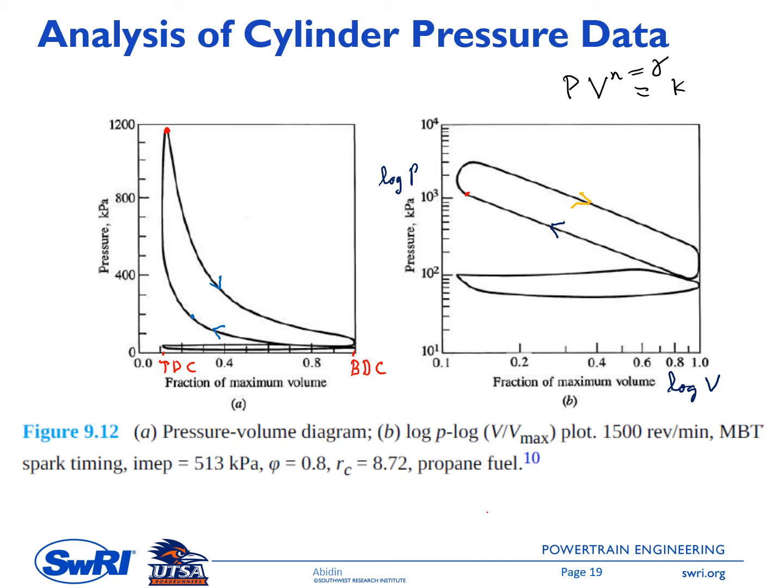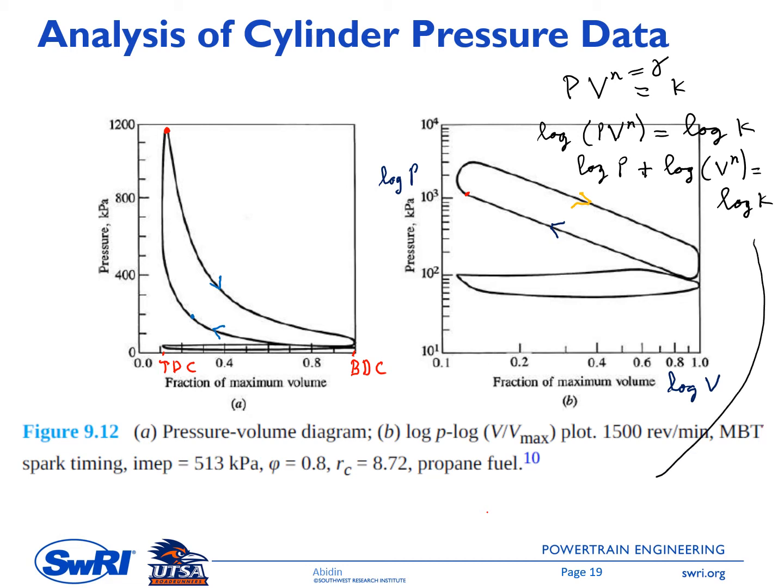If we modify this polytropic equation slightly and put a log on it, we have log of PV to the power of n equals log k. Then we have log P plus log V to the power of n equals log k. Let me continue at the bottom here.